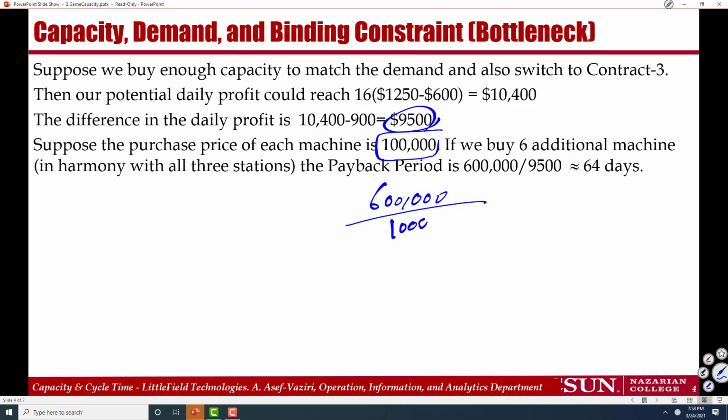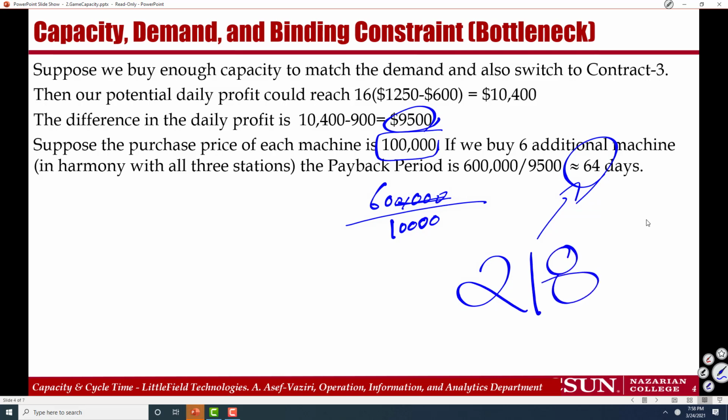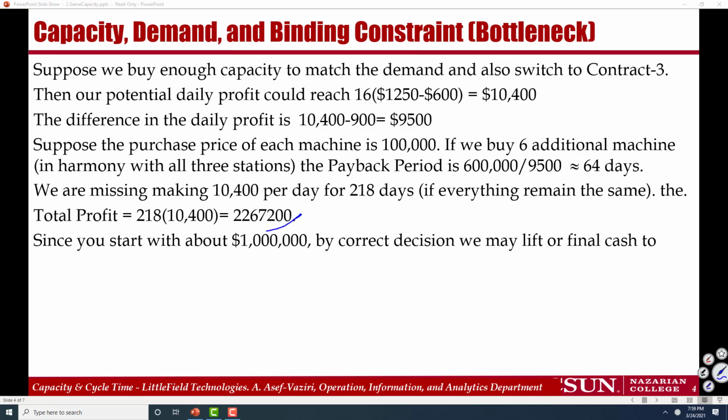But if you are making $10,000 more, it needs 60 days, or it needs 64 days, a little bit more, to recover the payback period, the days that it requires for that investment to come back. Even if you buy 6 machines, it is 64 days of production, while you have 218 days left. You can make this much money, something around that, not exactly that.